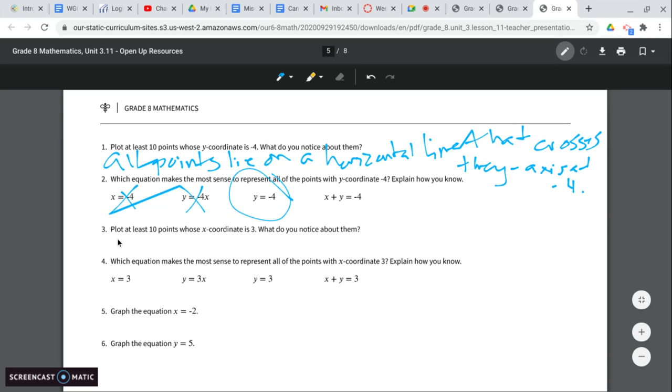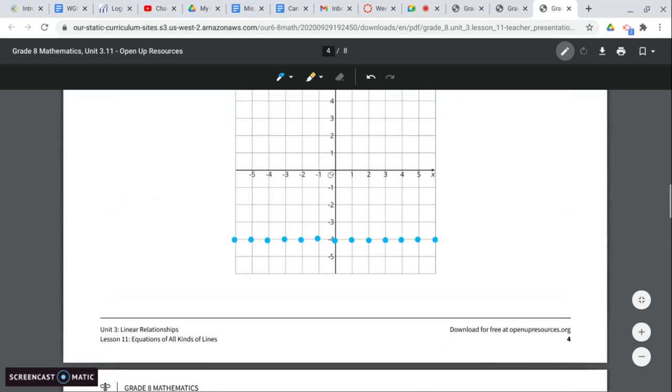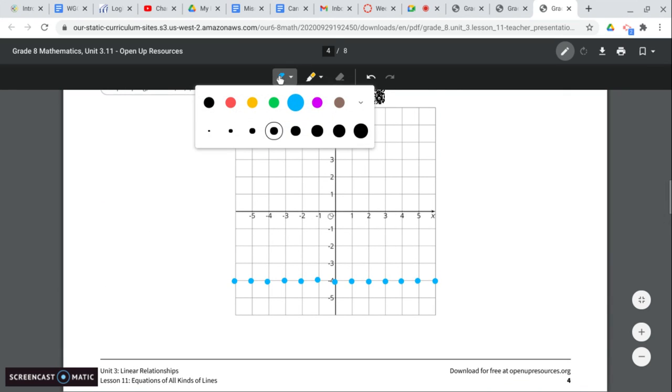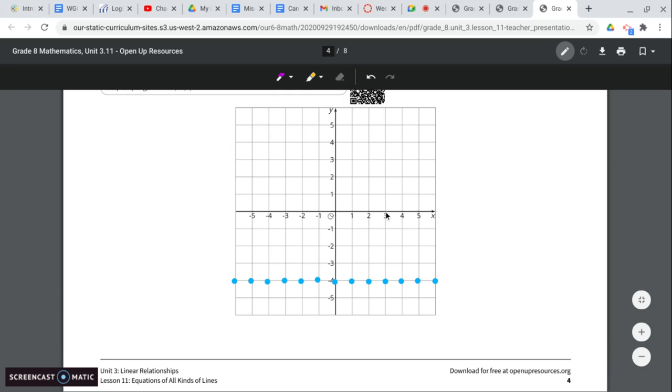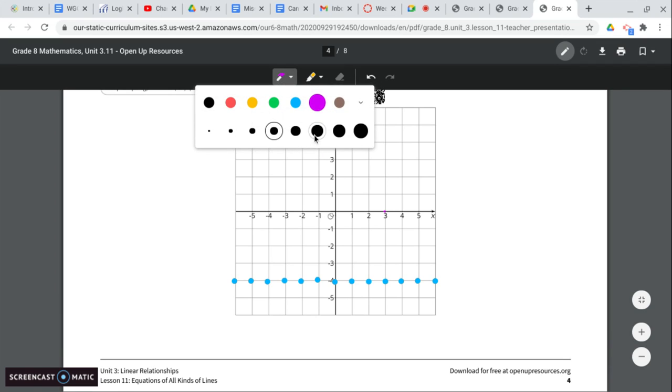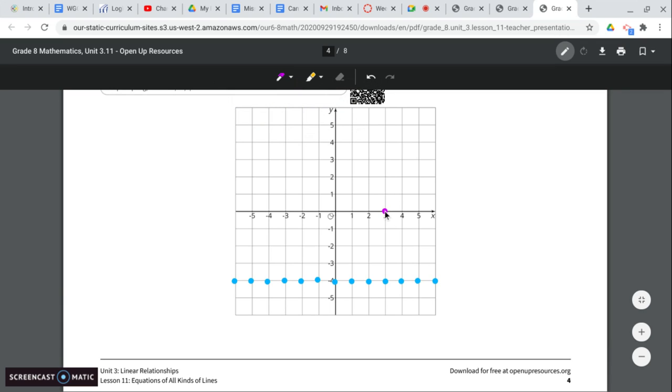equals equation. So for number 3, plot at least 10 points whose x-coordinate is 3. So come back up here. If we want x to equal 3, well, here x is 3 and y is 0.